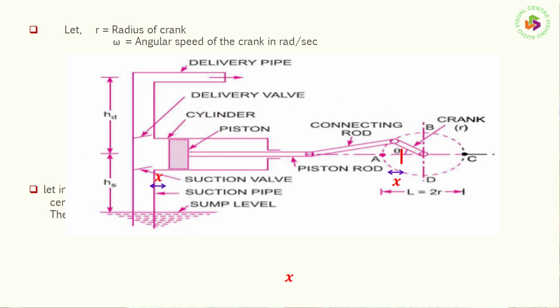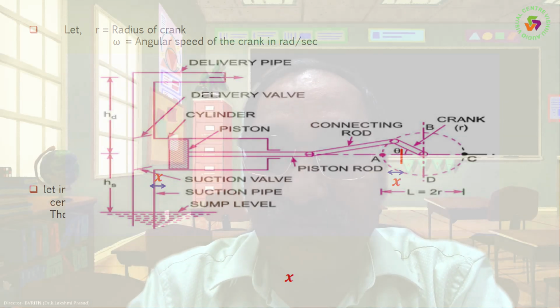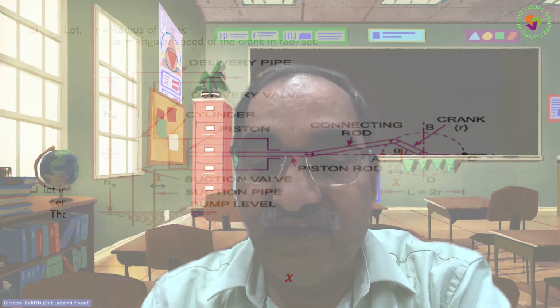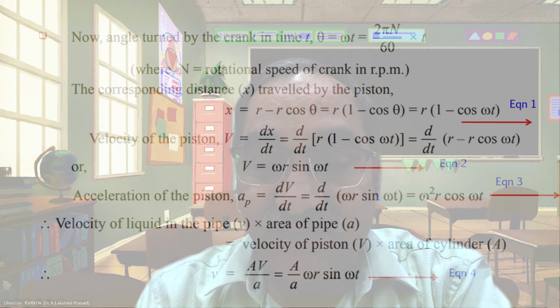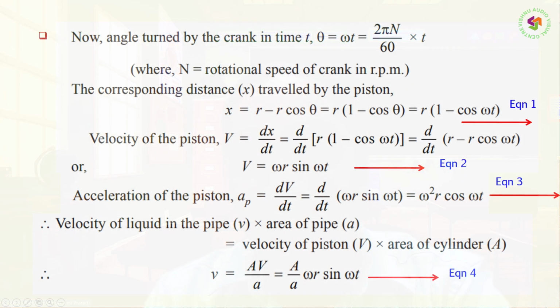And the same is the case in delivery stroke also. So, the first point is the piston is not moving with uniform velocity inside the cylinder.